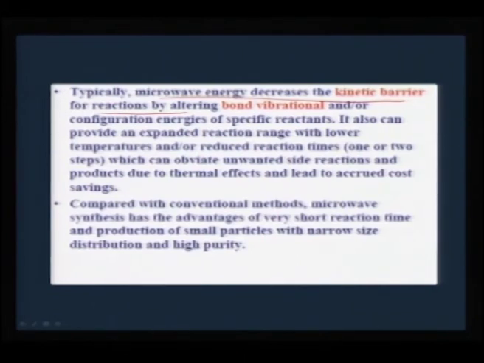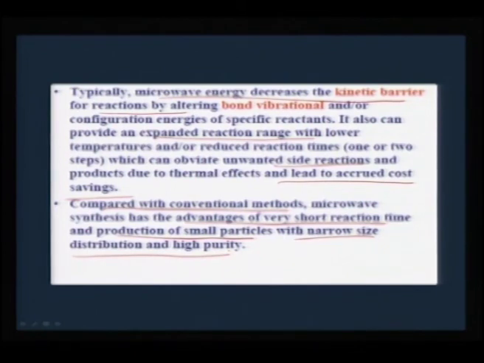It also provides an expanded reaction range with lower temperatures and reaction times, which can obviously avoid side reactions, and this can lead to a lot of cost savings. So, this is one of the main advantages, and compared with conventional methods, microwave synthesis has the advantage of very short reaction time, production of small particles with narrow size distribution and high purity.